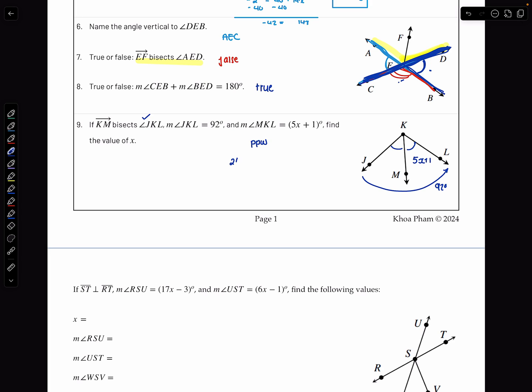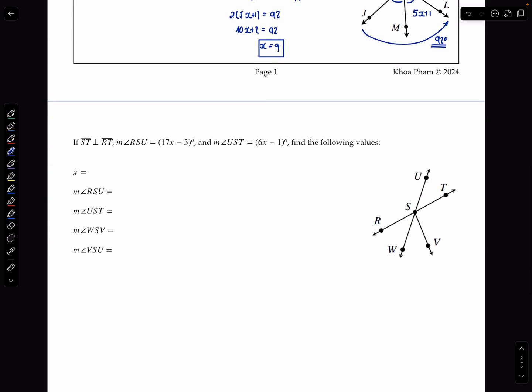So I have 2 of the 5x plus 1s. That's equal to 92. So this is 10x plus 2 is equal to 92. So it turns out that x equals 9. And so there we have it. But please, if you're looking for PPU versus PPA, the difference is whether or not you're given the whole. In this case, you are, so we use PPU.